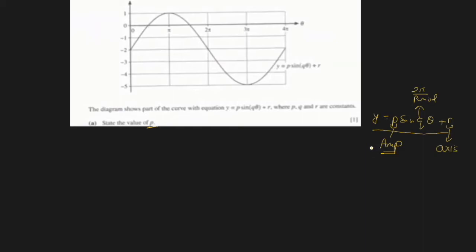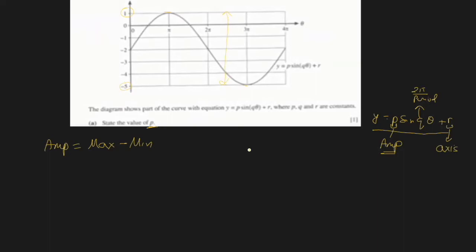Amplitude is the distance between the axis, which is the middle line, and the maximum point. And for amplitude, we use this formula. Whatever is maximum, here this is maximum, which is 1. We subtract minimum from this, which is -5 in this case, right? This is minimum. So if I subtract -5 from 1, I will get the distance from maximum to minimum.